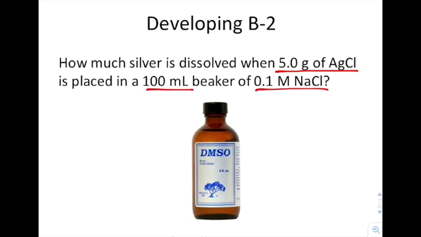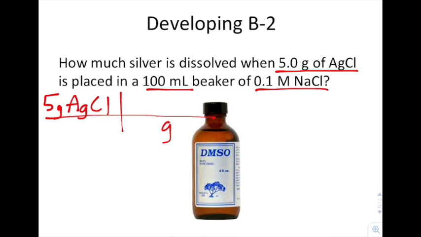So the first thing we're going to do is say, okay, 5 grams of silver chloride. Now you're going to have to go from grams of silver chloride to moles of silver chloride. And on the bottom here, I'm going to put 0.1 liters. That's my 100 mL.